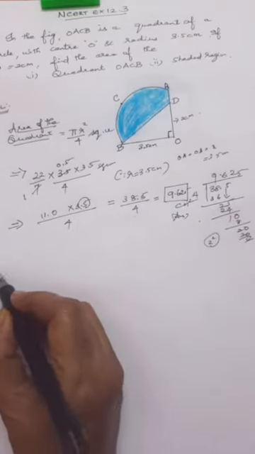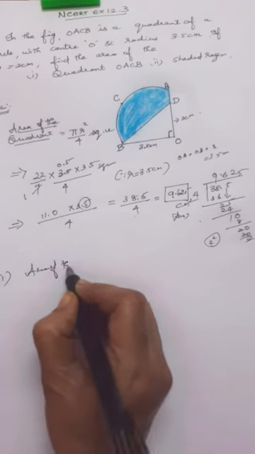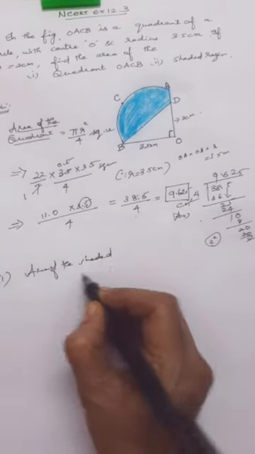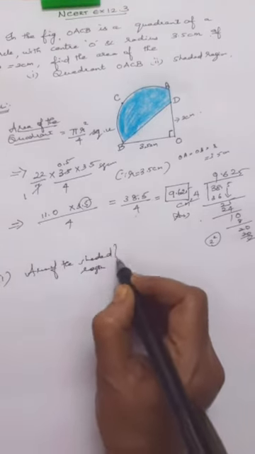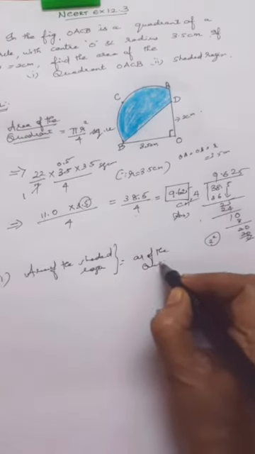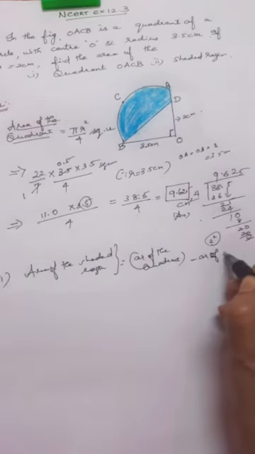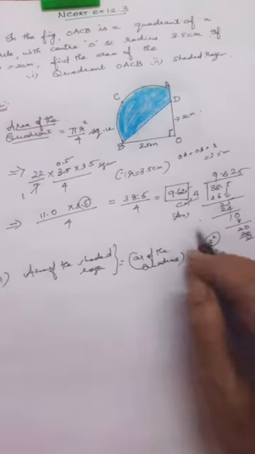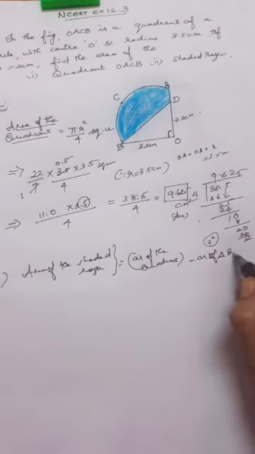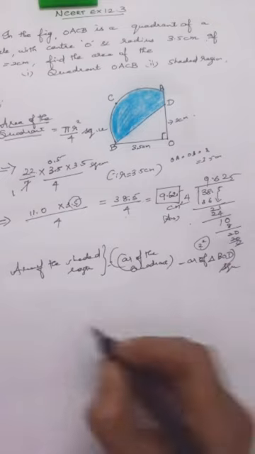Next, second subdivision, let us move. Area of the shaded region equal to area of the quadrant minus area of triangle BOD, in square units.